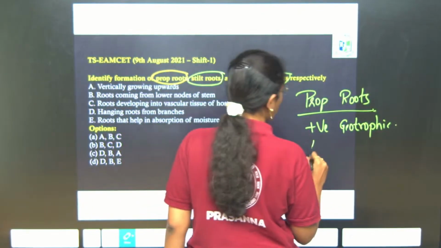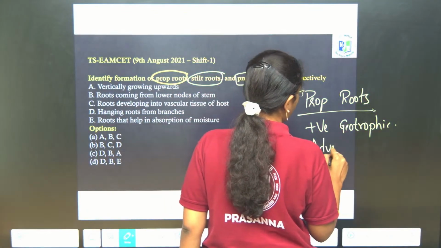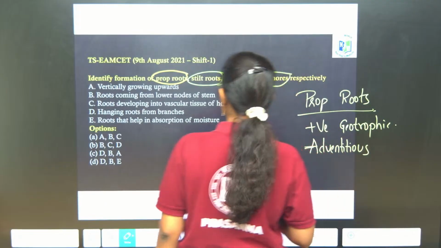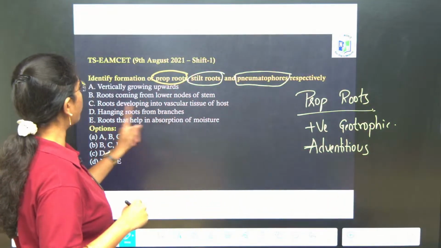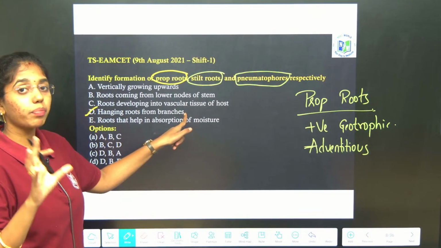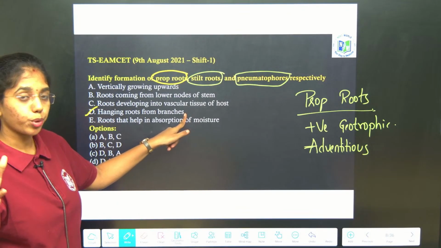Their origin is adventitious. So, they just hang from the branches. That is why they are also called pillar roots. Their main purpose is to give mechanical support to the plant.